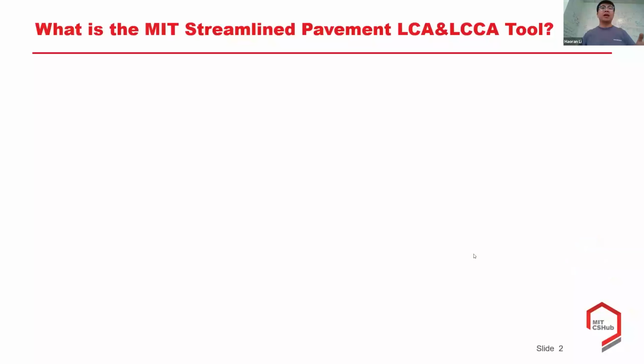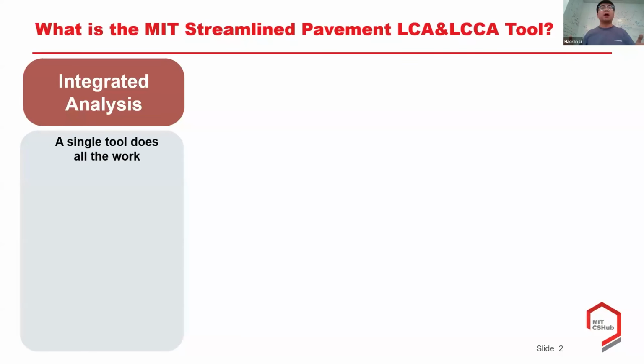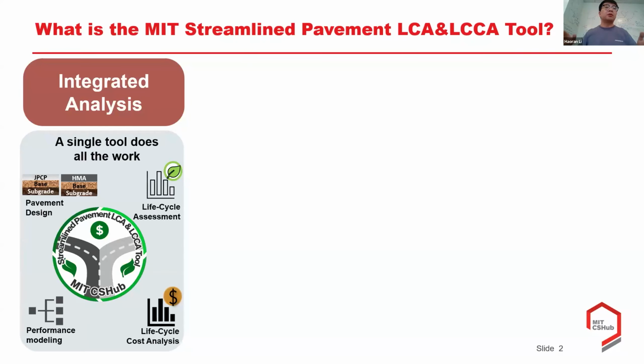When we're talking about pavement LCA and LCCA, all the components will be involved, which includes pavement performance modeling, pavement LCA and LCCA, as well as the long-term performance evaluation when we're considering the trade-offs from LCA and LCCA results back to our initial design decisions and the life cycle M&R, which is maintenance and rehabilitation strategies.